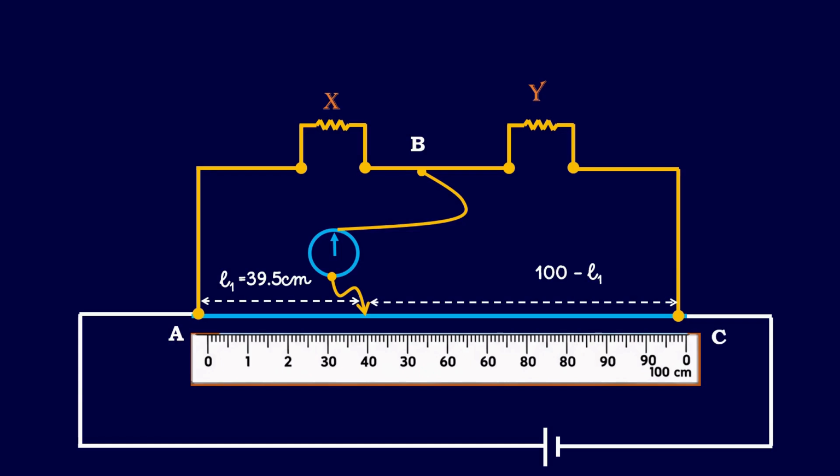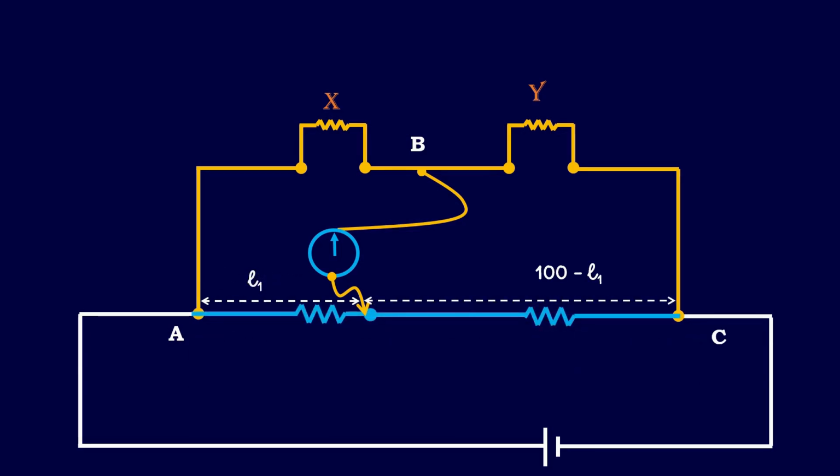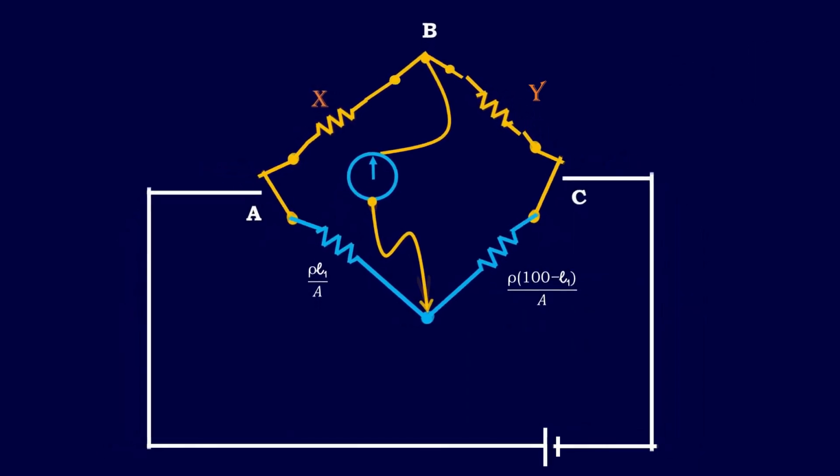Each segment of the wire behaves like a resistor. For a wire with resistivity ρ and cross-sectional area A, the resistance is given by ρ times L divided by A. So, the resistance of the left segment of the wire becomes ρ times L1 divided by A. Similarly, the resistance of the right segment becomes ρ times (100 minus L1) divided by A. Now, we can rearrange the circuit into the standard Wheatstone bridge form.